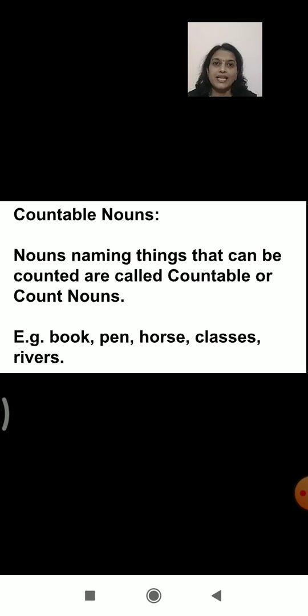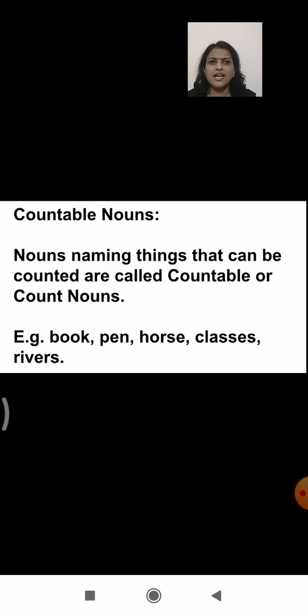Okay, so we can say that these nouns which we have used here, the countable nouns, book, pen, horse, you can count them, right? Classes, again, you have made it plural, rivers, again. So we can count them. So countable nouns are actually nouns which have plurals. Class, classes, river, rivers, right?